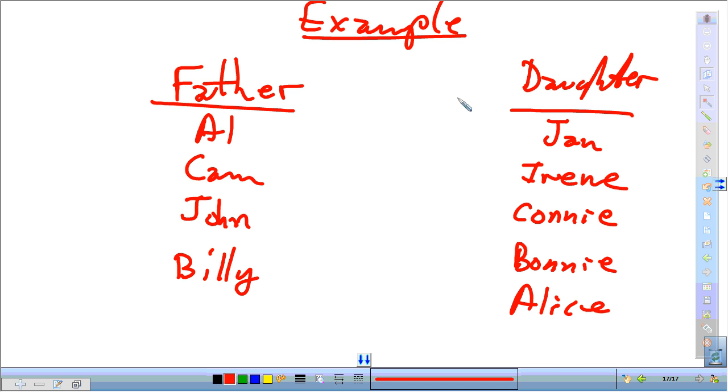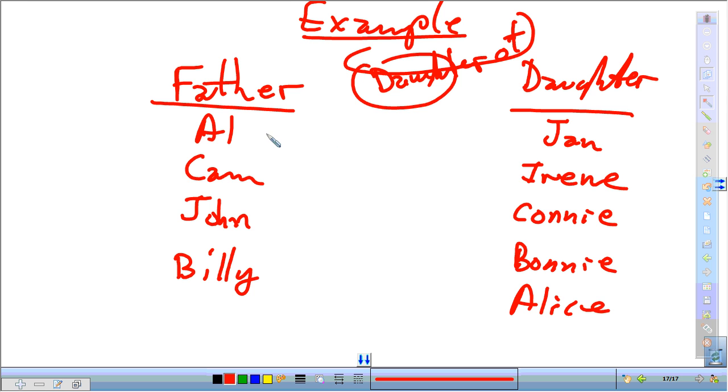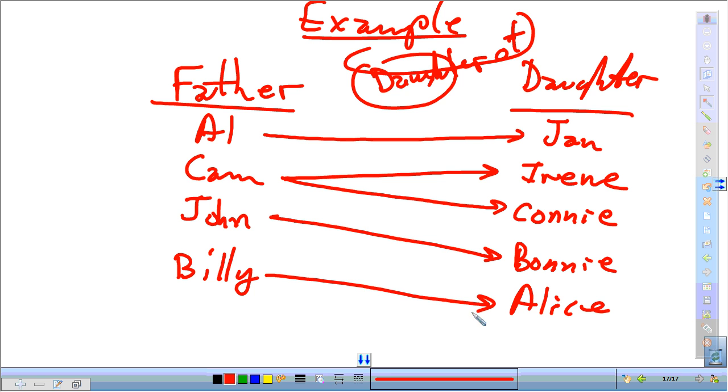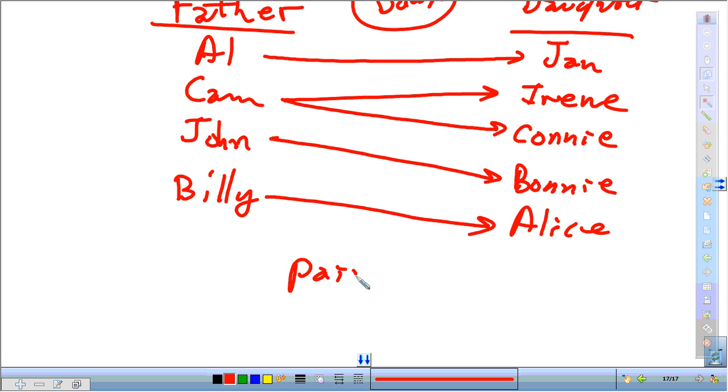So we got to set up this relationship. Who is the daughter of the father? And so Jan might be the daughter of Al. Irene is a daughter of Cam, but also maybe Connie. We look at John. So we can begin to set up these pairings.